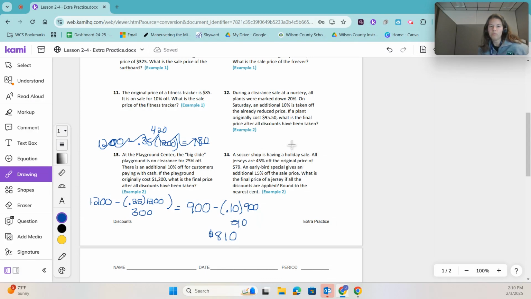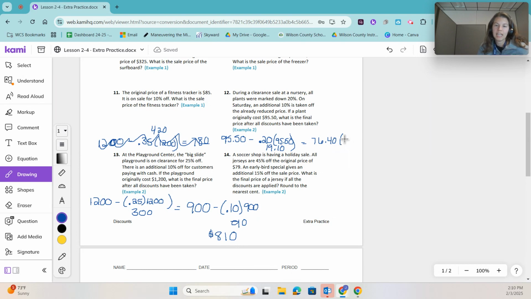So let's do number 12 together and you guys can try number 14 on your own. During a clearance sale at a nursery, all plants were marked down 20%. On Saturday, an additional 10% is taken off the already reduced price. Again, off the already reduced price. It's not now 30%, right? So if the original price was $95.50 and we're taking 20% of that, the new price is going to be $76.40.